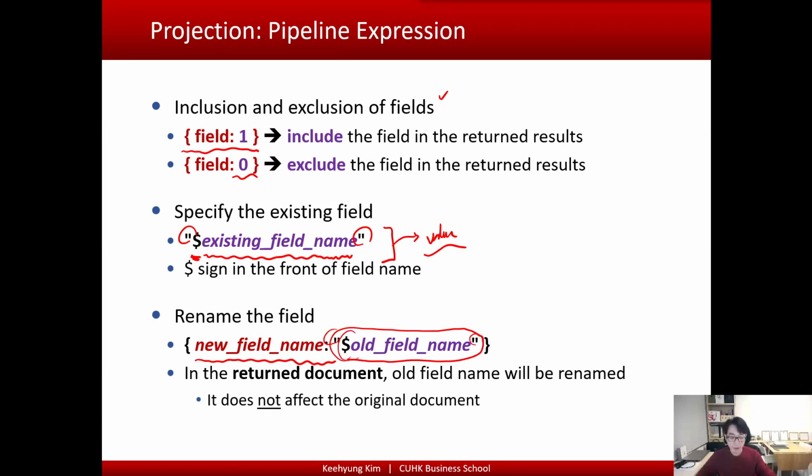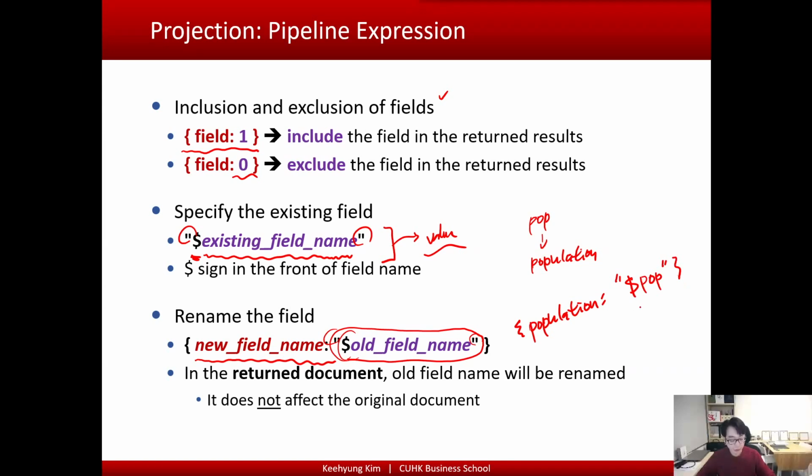So let's say that you have a field called POP, right? We had a POP field, which refers to population, in our documents in the zip code collection. If we want to rename this into population, you can use something like this. The new field name will be population, and then the existing field name will be double quote $POP double quote, like this.